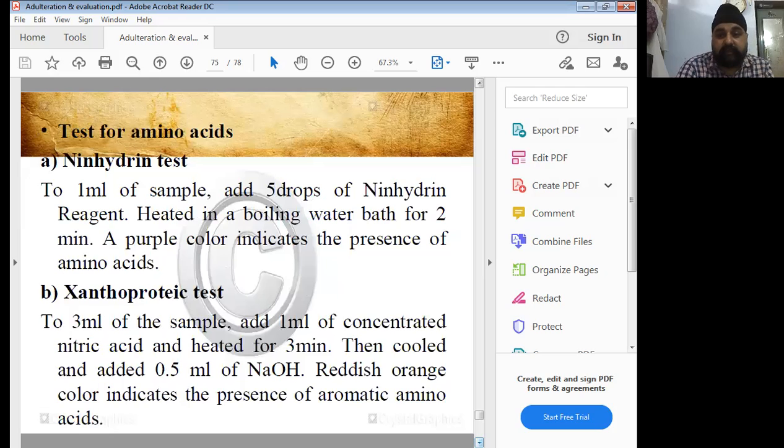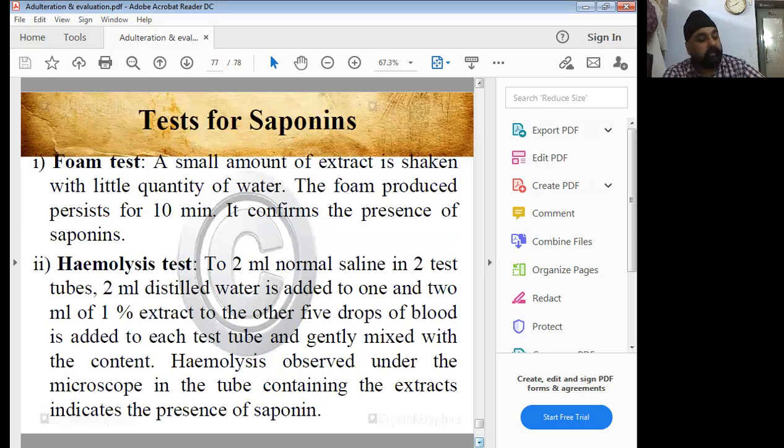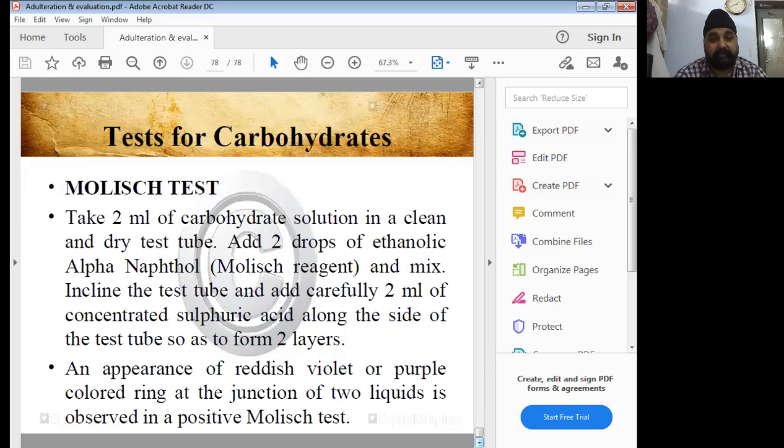The substance contains amino acids. Then tests for saponins are there, like the foam test and hemolysis test. This can be done. Last but not the least is the test for carbohydrates. We use Molisch's test in order to detect whether carbohydrate is present or not. So these were the chemical tests.